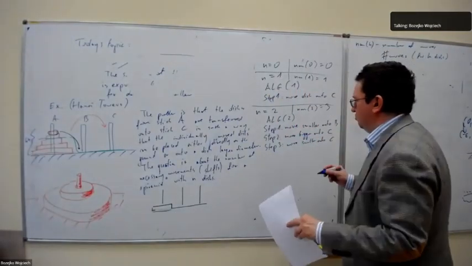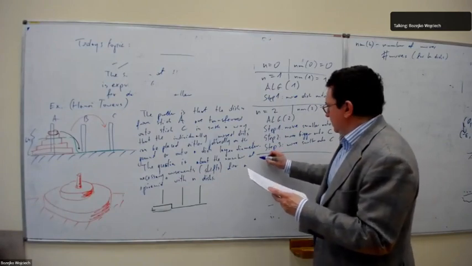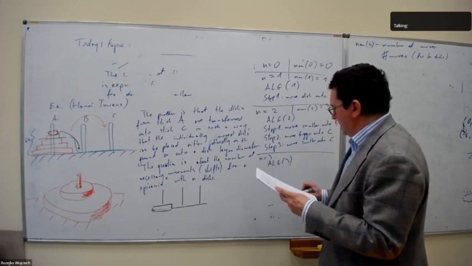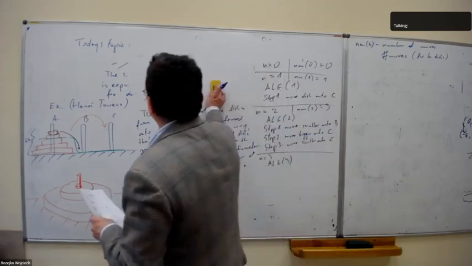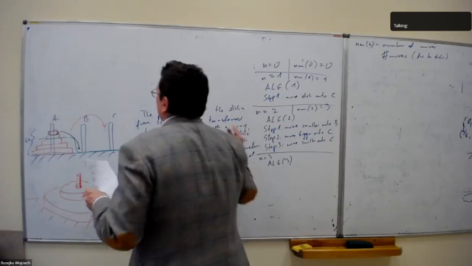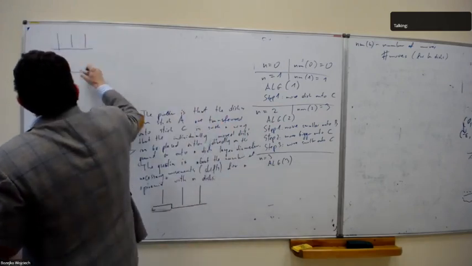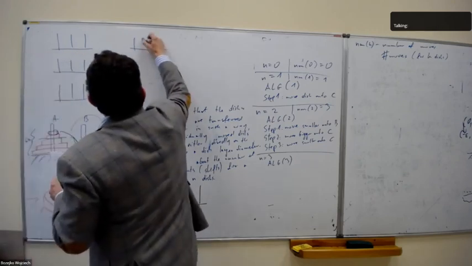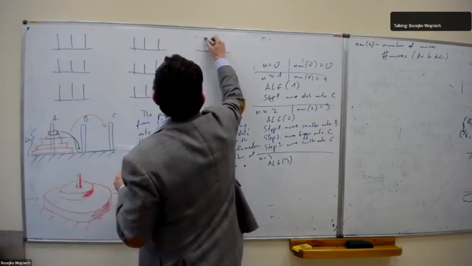Okay, just let's try to make the algorithm for 3. n equal to 3, algorithm for 3. It will be something like this, maybe here. Maybe I will write a number of them. 1, 2, 3, 4, 5, 6, 7.